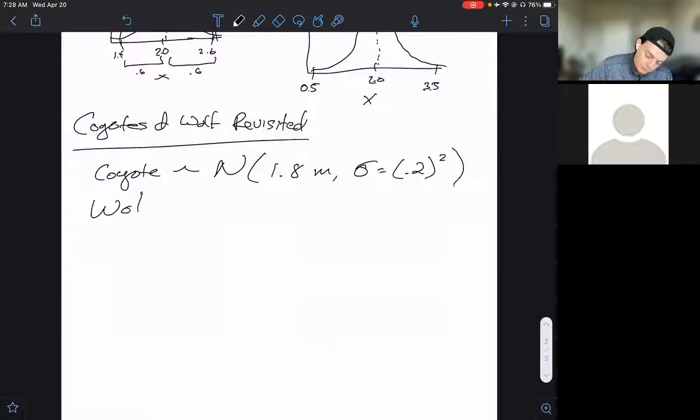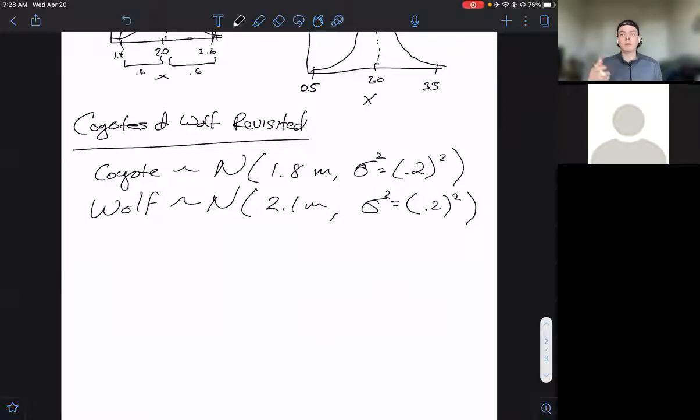And we'll say the wolf is a little taller, so it's like 2.1 meters, and the sigma squared is about the same. It is the same. This is needed in order for the calculations to work out nicely. However, we could change the sigma, and you can analytically derive how that would affect your problem and how it would look in the overall plot, as we'll see in a second.